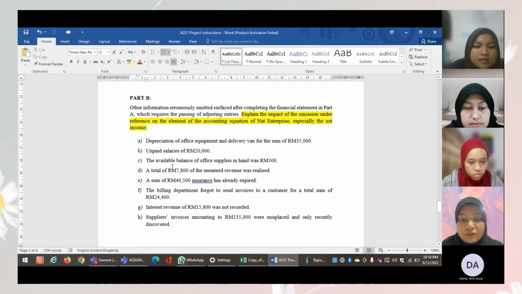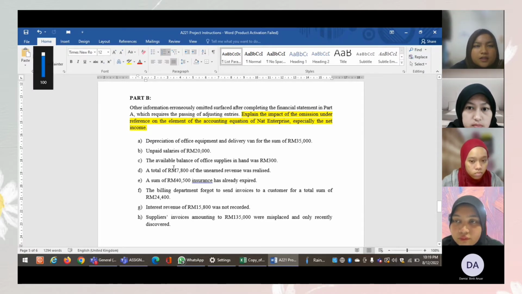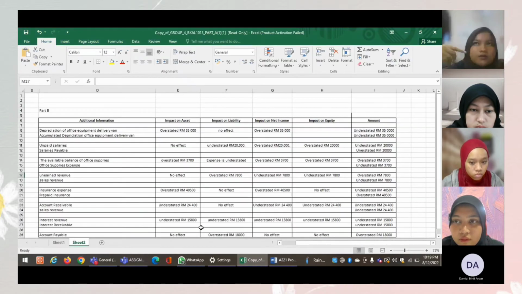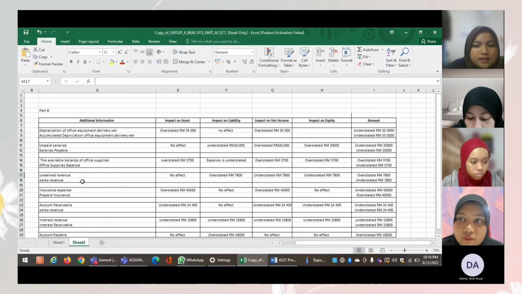Okay, so for C, the available balance of office supplies in hand was RM300. So first thing, we need to minus from the question from Part A, that is RM4,000 for office supplies, minus 300, and we get 3,700. So for impact on asset, the available balance of office supplies will be overstated. Same as well for office supplies expense. For impact on liability, expense is understated.